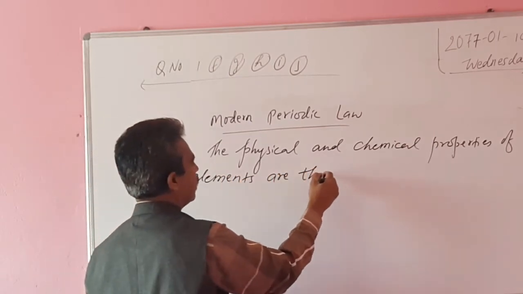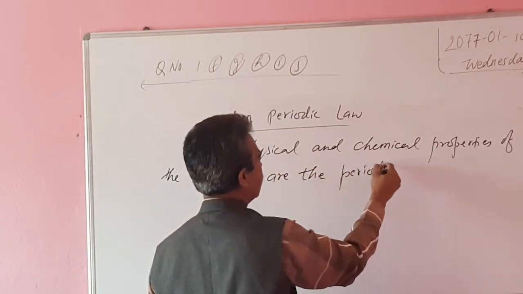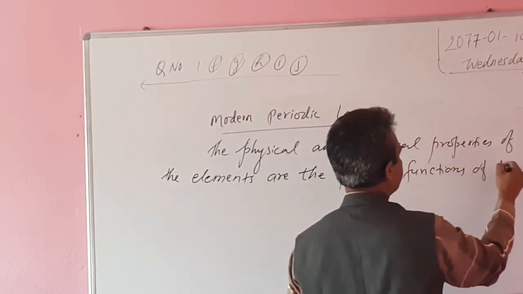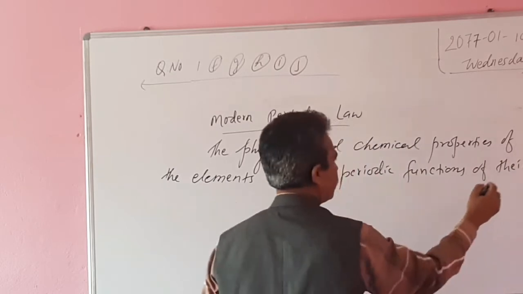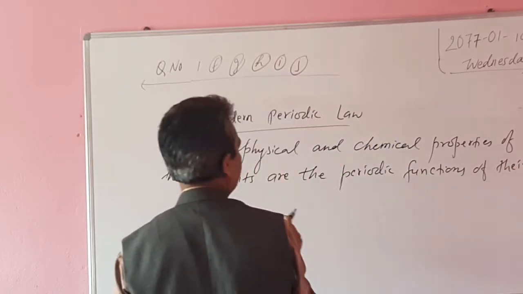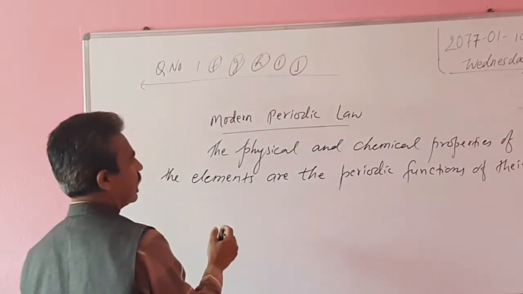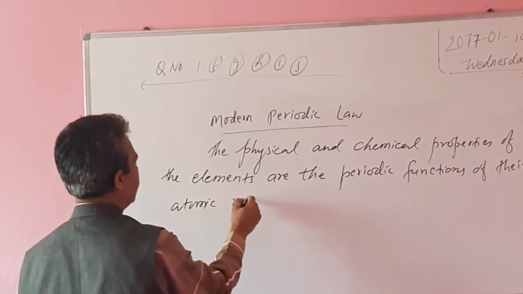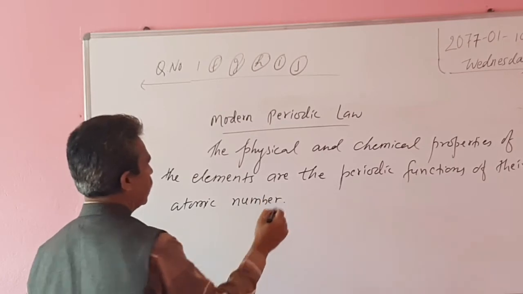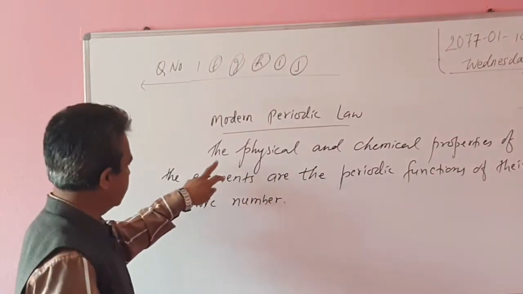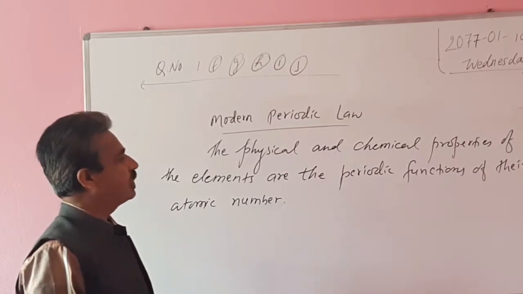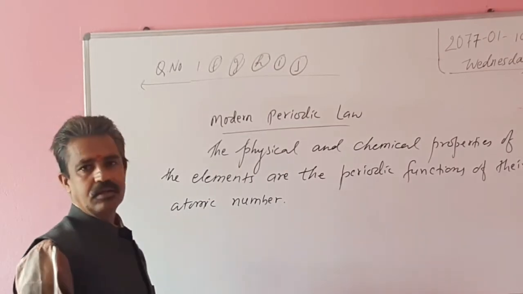are the periodic functions of their atomic number. Modern periodic law states that the physical and chemical properties of the elements are the periodic functions of their atomic number.